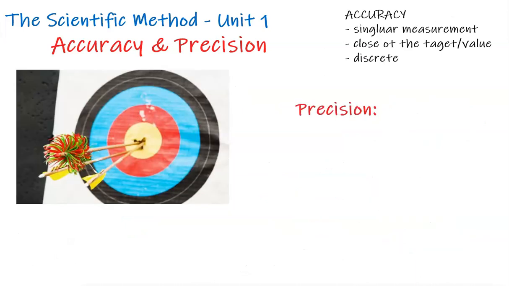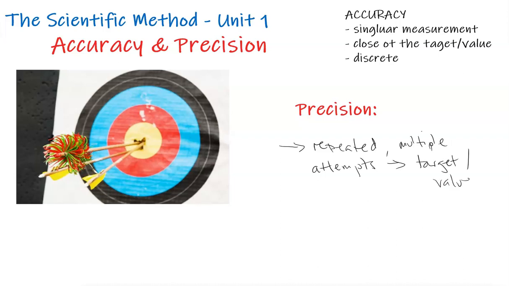Now, on the flip side, precision is the repeated multiple attempts at a target or a value, and it is the closeness, how close each attempt is to the other.